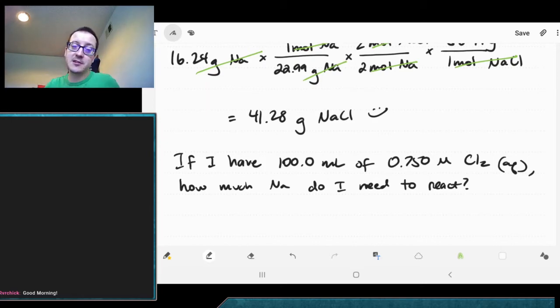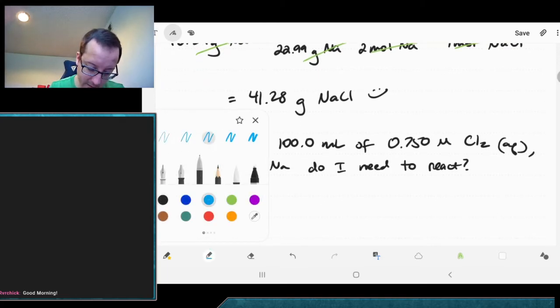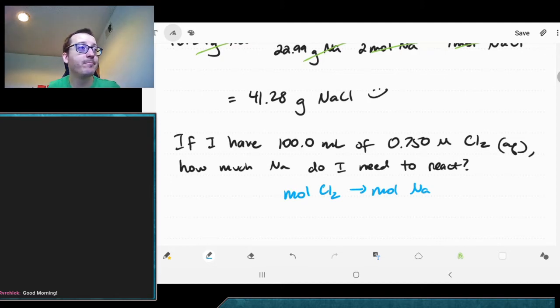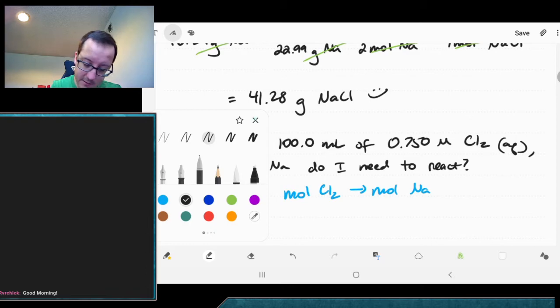So again, this chapter is just going to be taking all the various ways we know how to get moles, and we're just putting them all together. For any calculation like this, we are going from moles of what we're starting with to moles of what we're being asked for. I need to give you a unit for sodium.